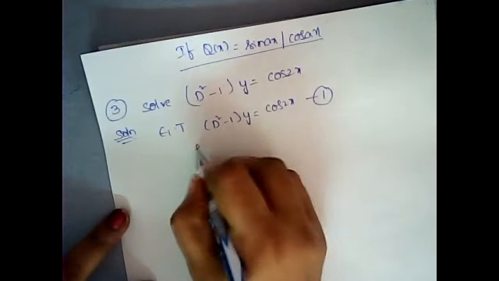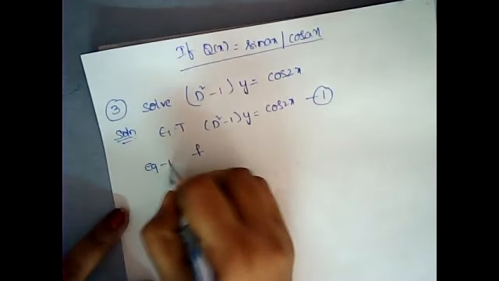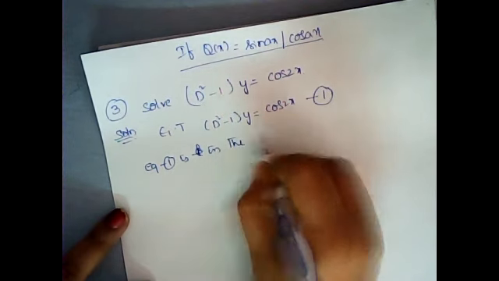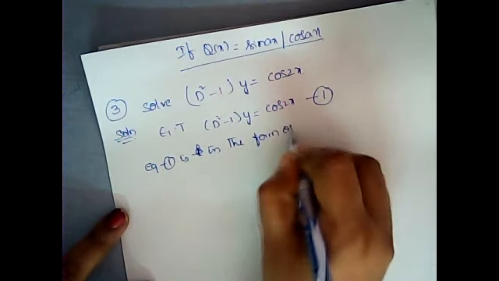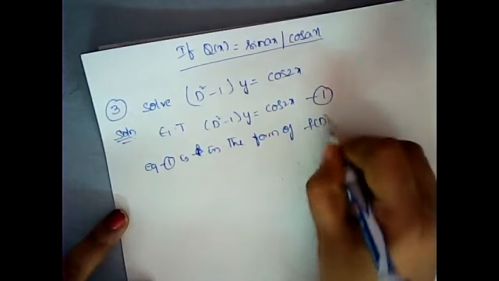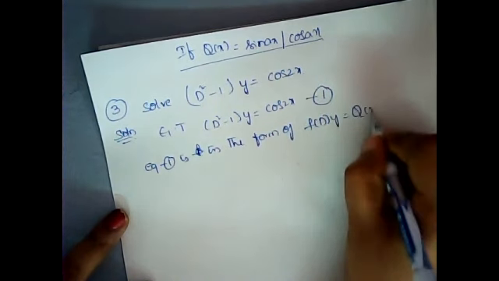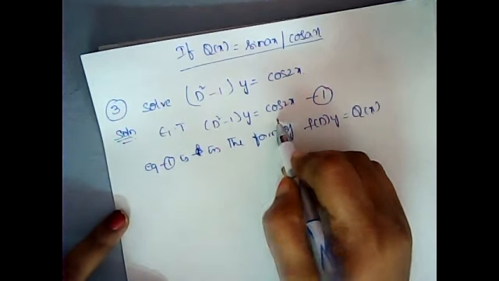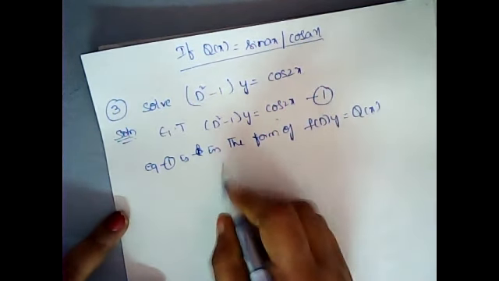Now the given equation 1 is in the form f of D into y is equal to Q of x, where Q of x is equal to cos 2x. First we need to find out yc.